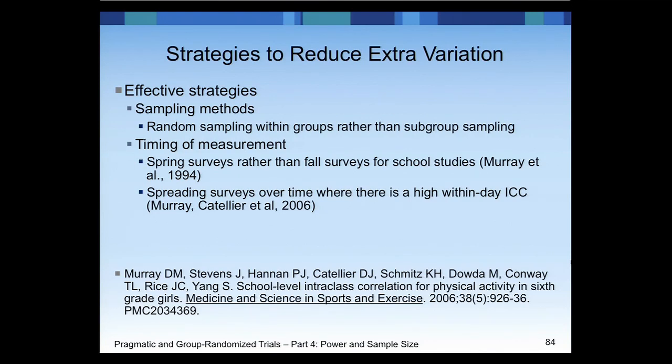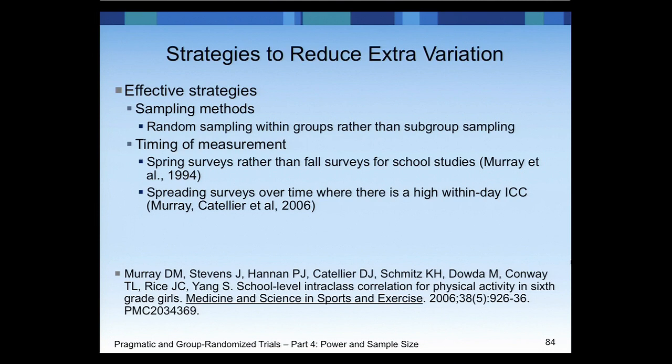Another thing that we've noticed in school studies, and this would be true in other kinds of studies as well, is that if we have a dependent variable where there is high within-day intraclass correlation, think about dietary intake measured in a school study. Kids tend to eat the same lunch at school, especially if many of them are participating in the free and reduced school lunch program.